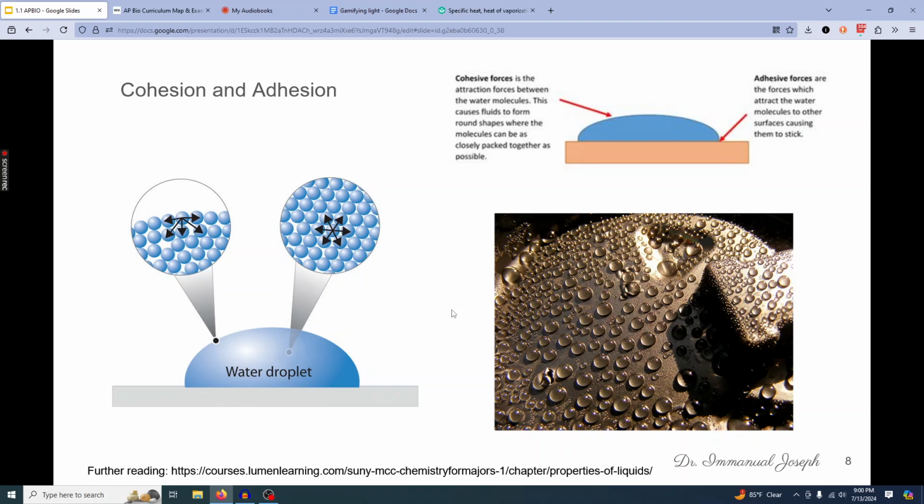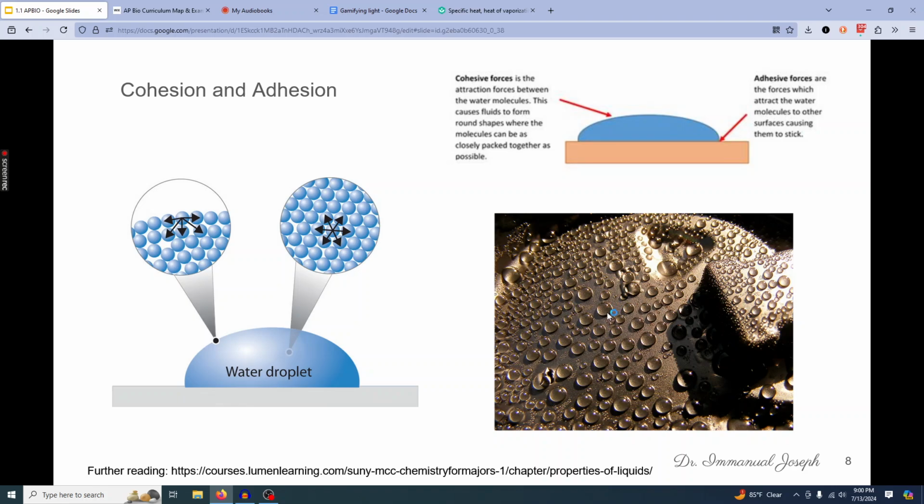This property of water molecules to attract to each other is called cohesion. Cohesion is the attractive forces between water molecules. But when you place it on a surface, it's not just falling off, it is still sticking to the surface.